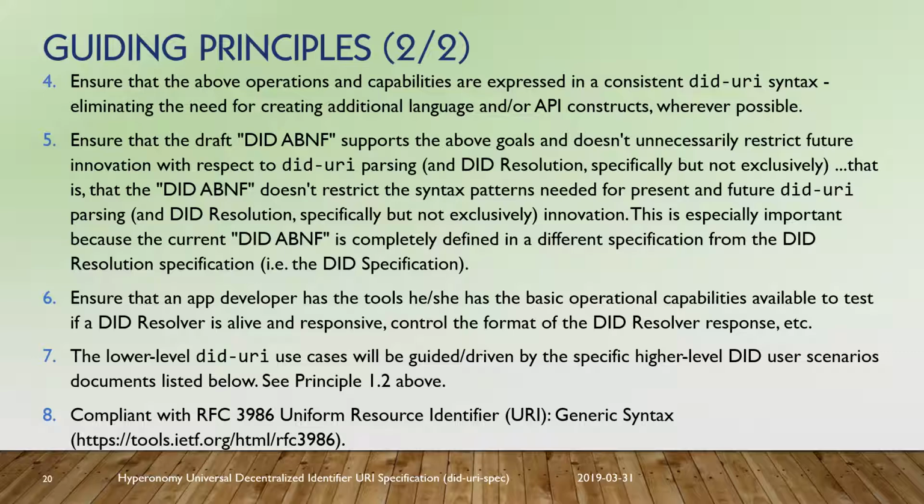If you remember that earlier example where the DID was piped using the exclamation mark into $select ID equals foo. That's an example where we are supporting, in a properly defined way, the ability to support future innovation.